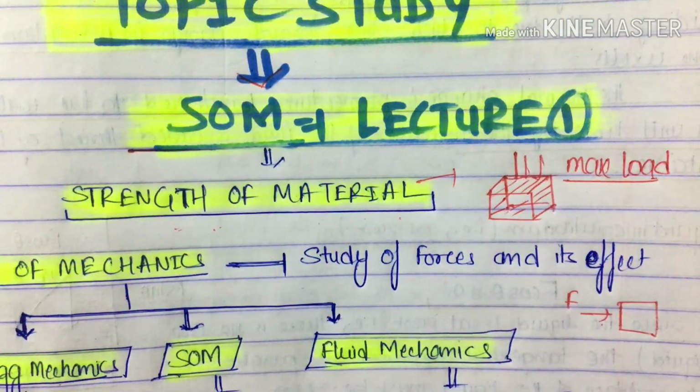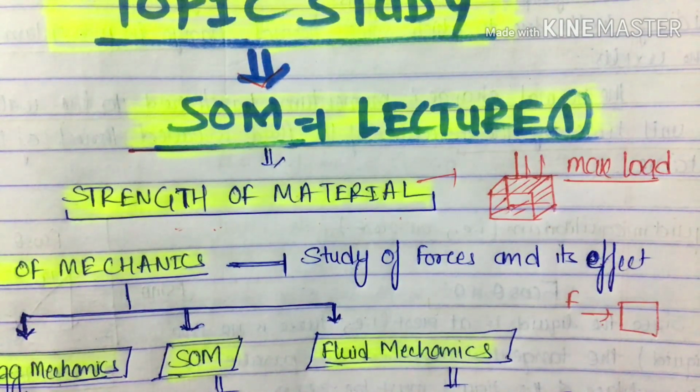So basically, we are talking about the strength of various materials that will be used in construction, in civil engineering, or in mechanical engineering, such as jet planes, steel structures, whatever structure they might be.